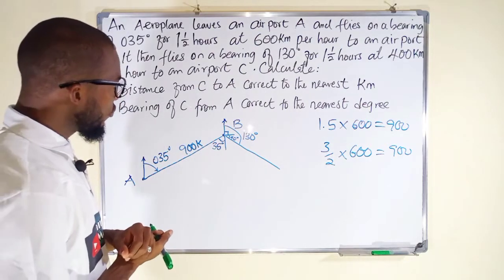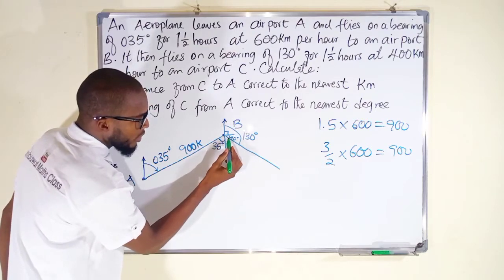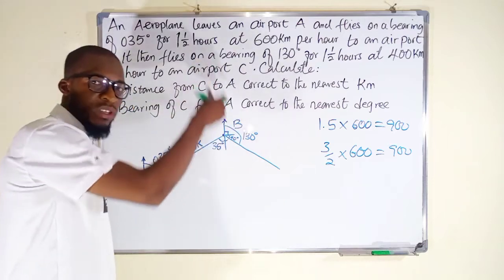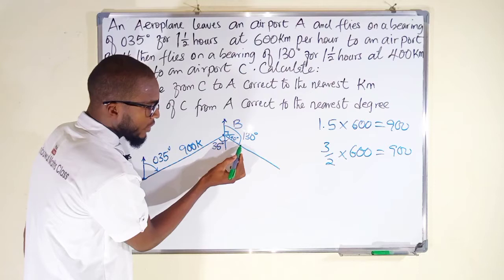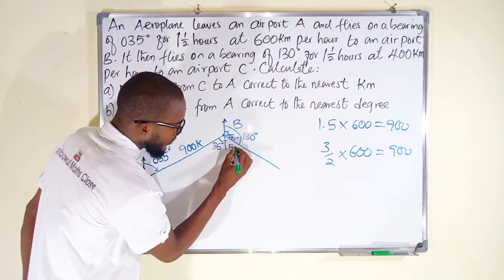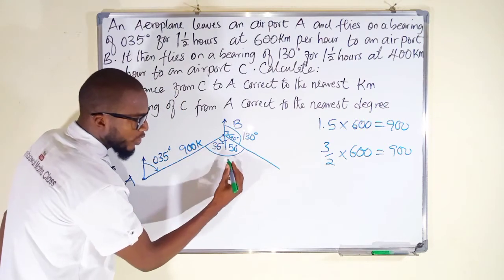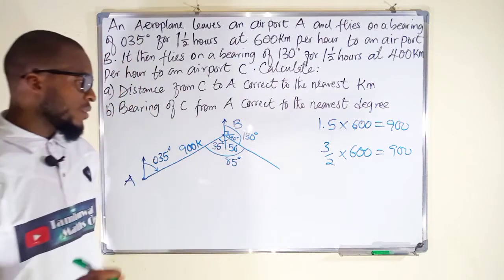Now let us continue. If this is 130, I believe this is 50 because angles on a straight line add up to 180. If from here to here is 130 degrees, what is left here is going to be 50 degrees. All together, this angle becomes 85 degrees.